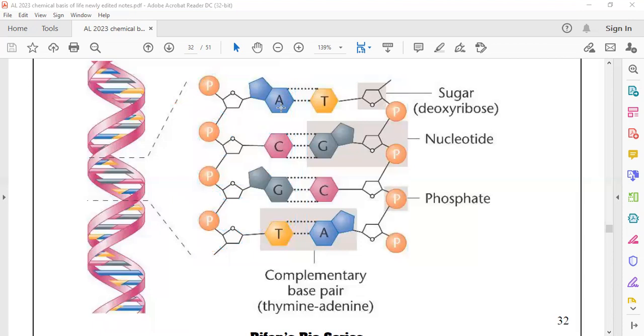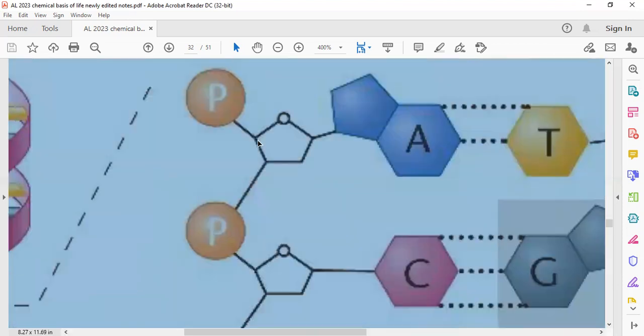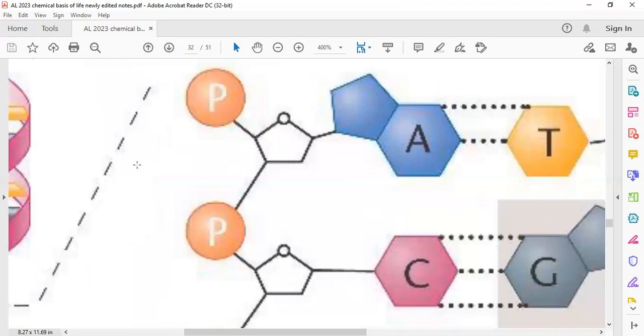Once you go little detail to this diagram, my children, this is going to be the first carbon of this nucleotide. This is the second carbon. This is the third carbon.